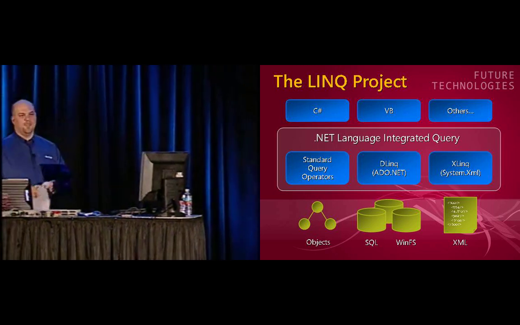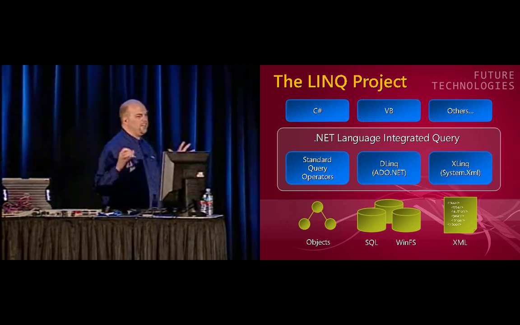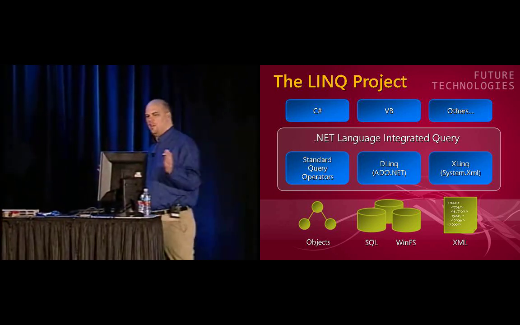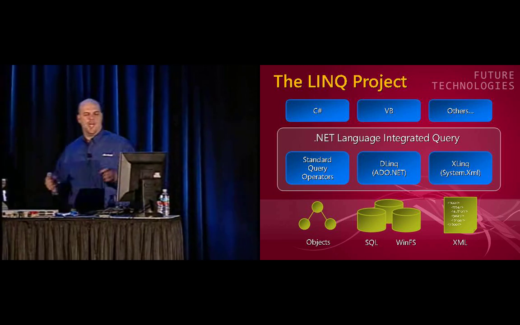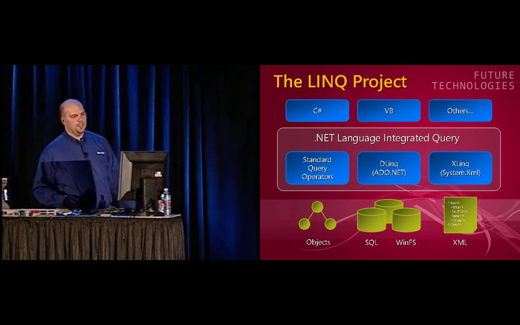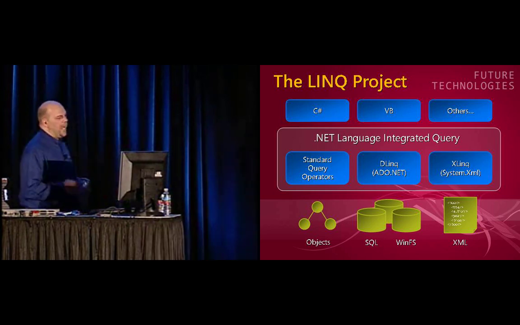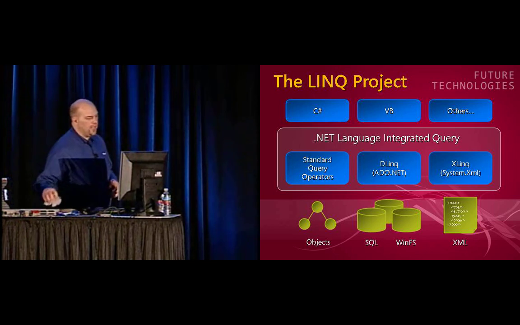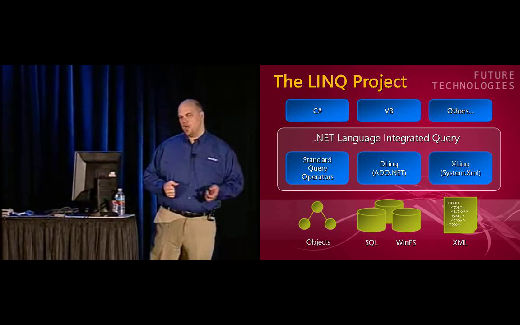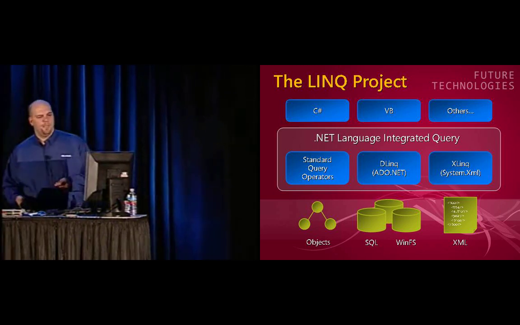Everyone seen this slide from the LINQ project? Good. So what we're talking about in the LINQ project is this unified view of query operators common across all of the .NET languages, including an extensibility model to cover languages that we haven't actually built it for yet, anything other than C# or Visual Basic. It actually devolves into three categories of plumbing, if you will: standard query operators so that you can do strongly typed language integrated queries over objects in memory.